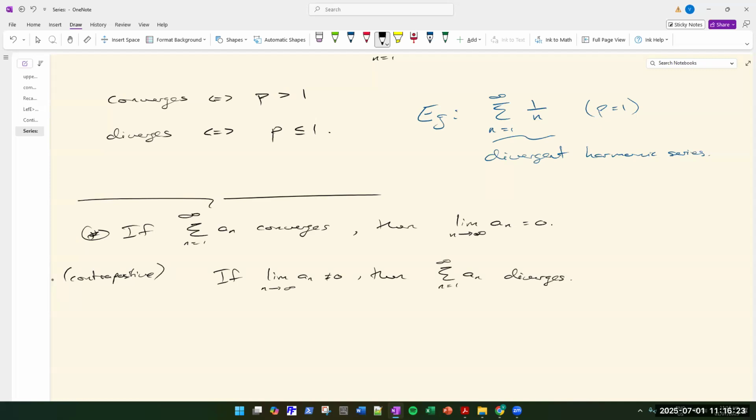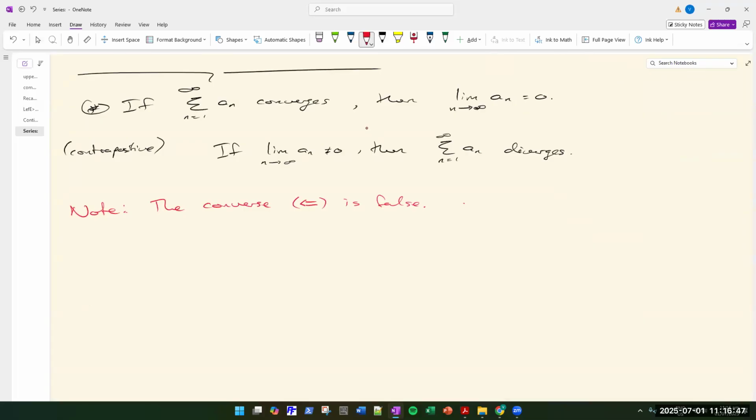So the contrapositive is always true. And I could put here a note, it's important: the converse, meaning the backward implication, is false. That is, if the limit as n goes to infinity of the terms is going to 0, you cannot conclude anything about the series.